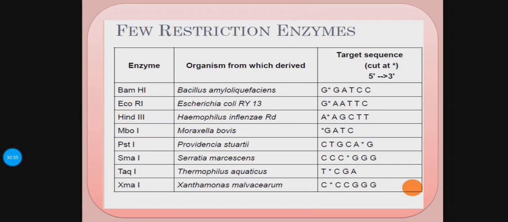You should always remember this sequence, GAATTC, the recognition sequence for the restriction enzyme EcoR1. For HinD3, the recognition or target sequence is AAGCTT.